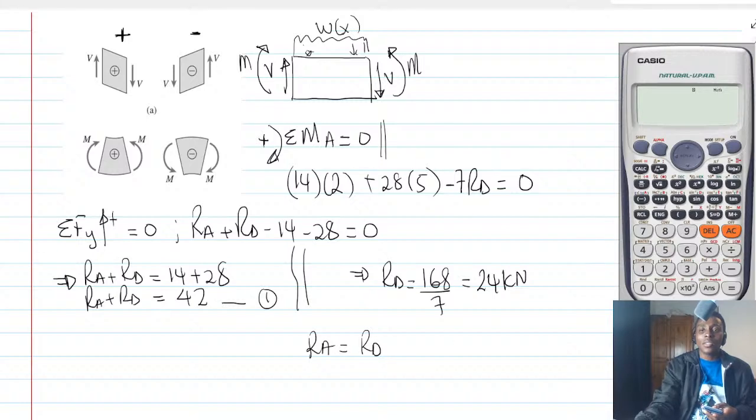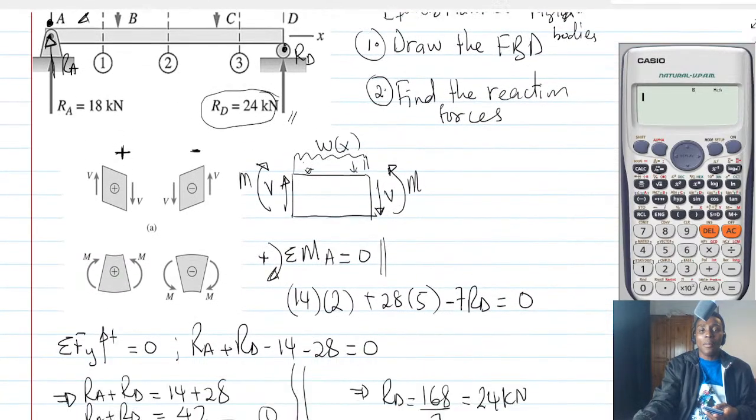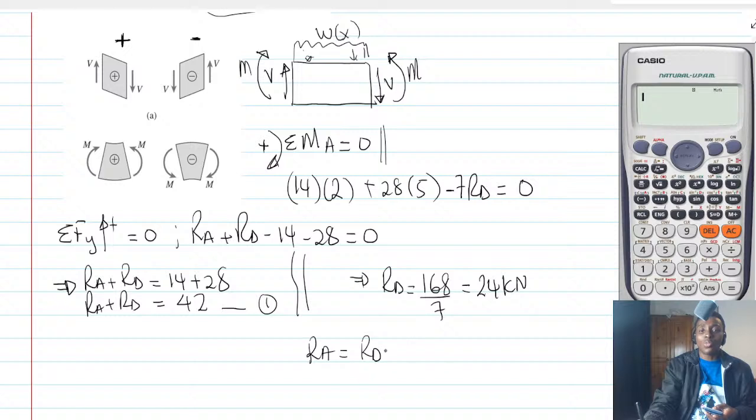Now, since we know RD, then RA is going to be simply 42 minus RD, which is 42 minus 24. And what is 42 minus 24? 18, right?